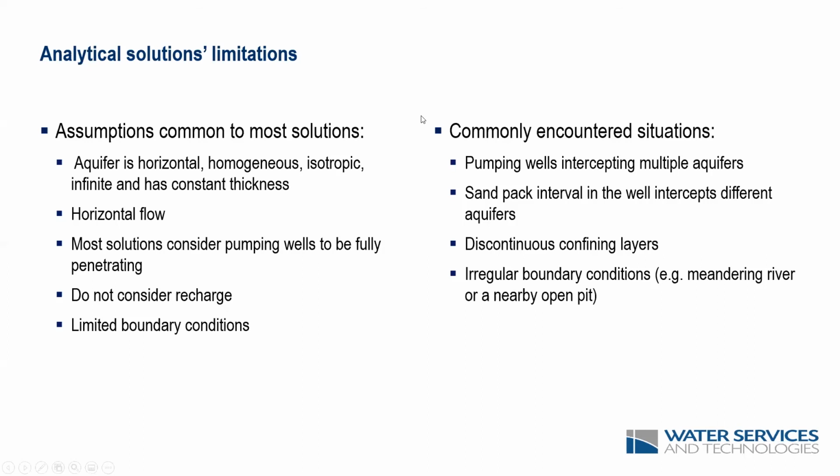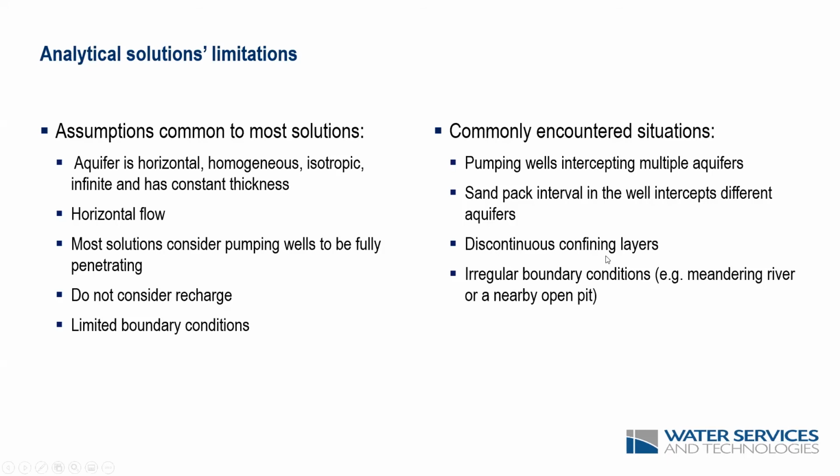And as we know, in practice what we most commonly find are, for instance, pumping wells that intercept multiple aquifers. Sometimes wells where the screen is intercepting just one aquifer, but then you have the sandpack in the annular space all the way up the well profile, and that connects different aquifers.